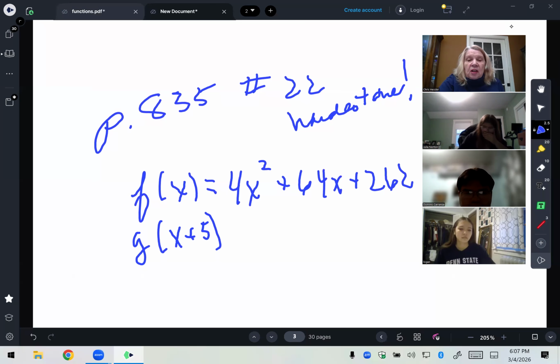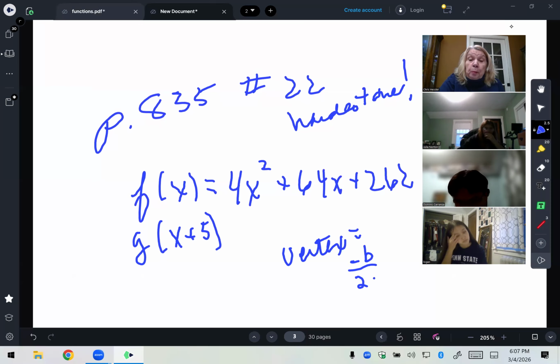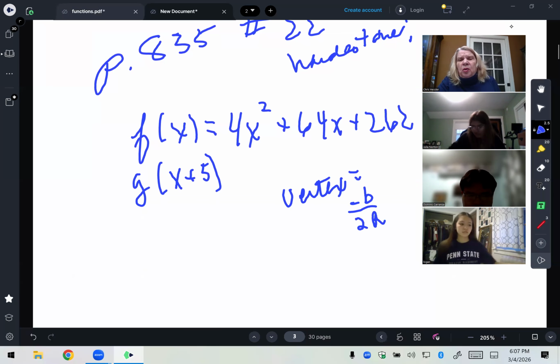Okay, so we just find the vertex of the f function and then move it 5, because we don't even need the g function. That's a huge waste of time. So we just do the vertex, which is minus b over 2a. You could put it in Desmos, but these numbers are pretty high.